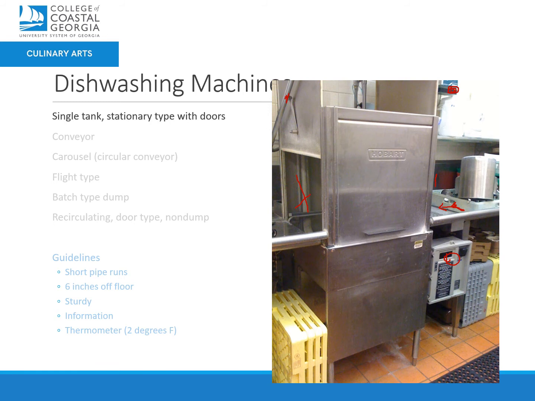What's going to happen is the dishes go into the tank in here, and it goes through a wash cycle, then a rinse cycle. The rinse water is then held down here in this tank. And when the next batch of dishes go in, they are actually washed with the rinse water from the previous batch.